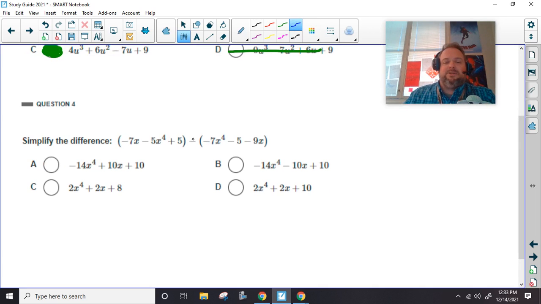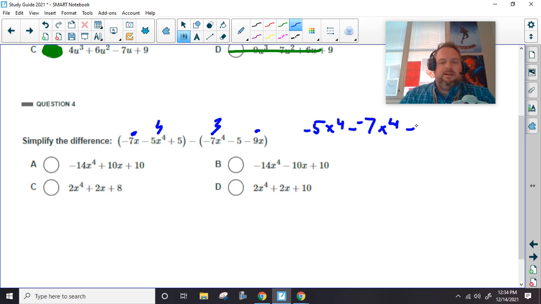All right. So a couple ways you could do this. Some people will actually distribute the negative. Some people won't, and they'll do it like this. So we have -5x to the fourth minus -7x to the fourth. Okay. -7x minus -9x.